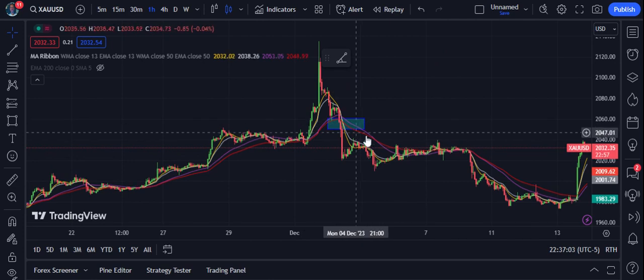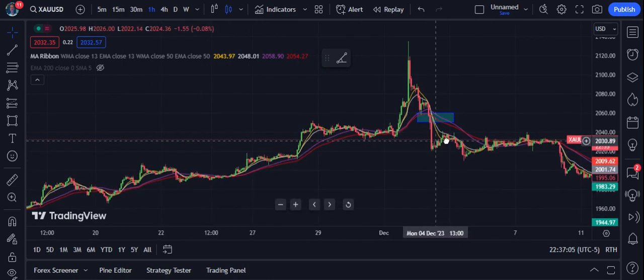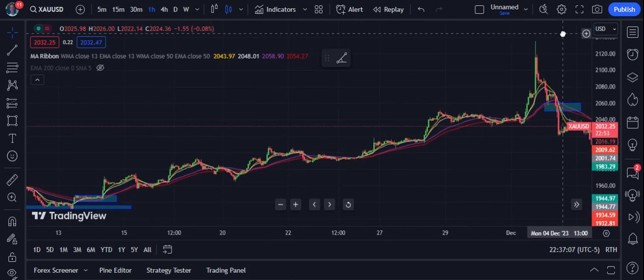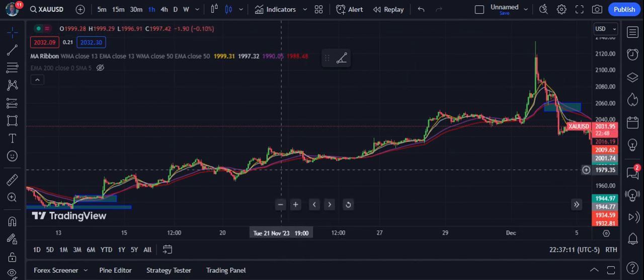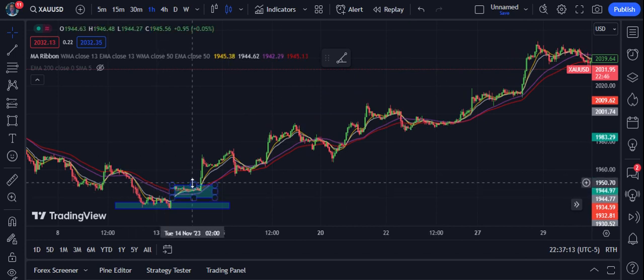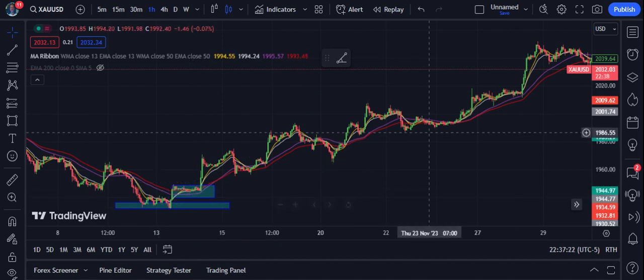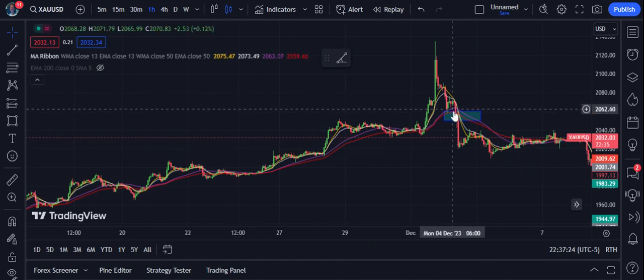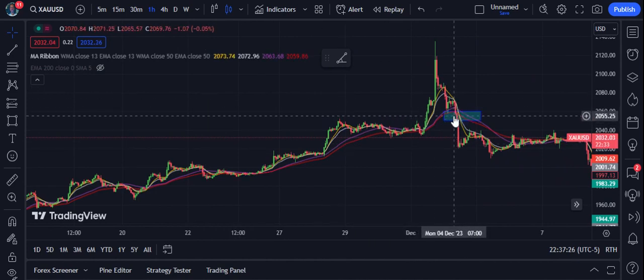So I would have exited this trade and I probably would have gotten a 1,000 pip move, meaning for gold, sorry, my terms, for gold I went from about 1945 to 2055.